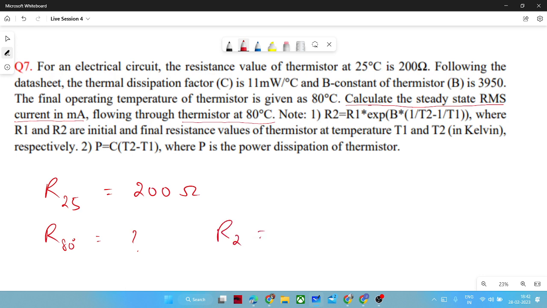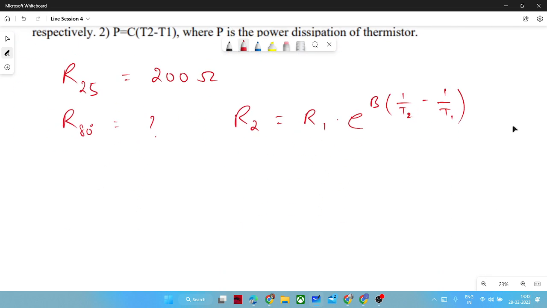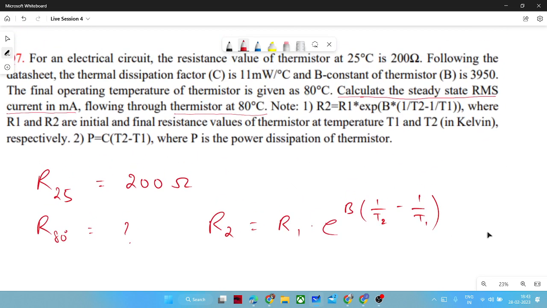R2 is equal to R1 into e raised to the power B times 1 by T2 minus 1 by T1. So we are given the coefficient B is equal to 3950, and for T2 and T1 we know T2 will be 80 degrees centigrade and T1 will be 25 degrees.